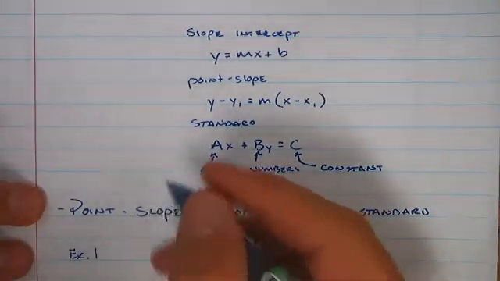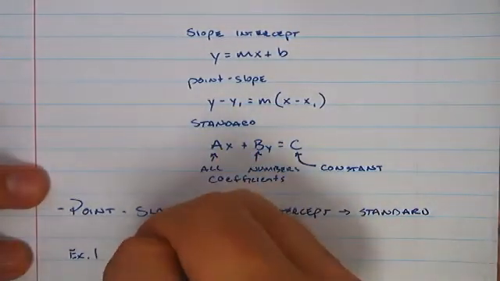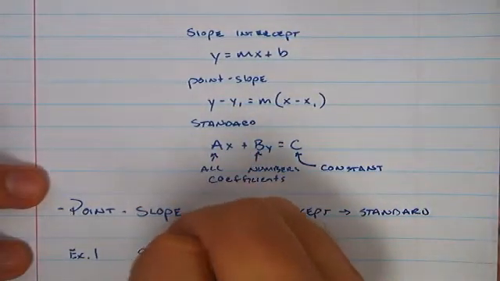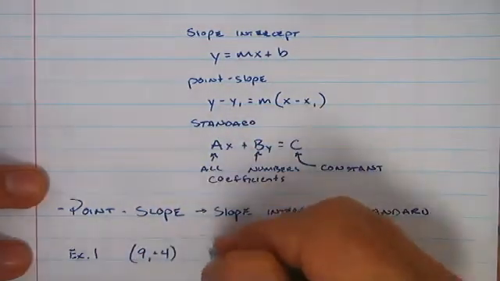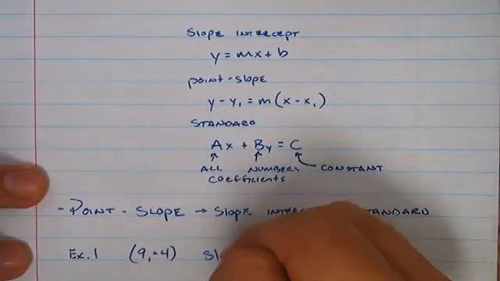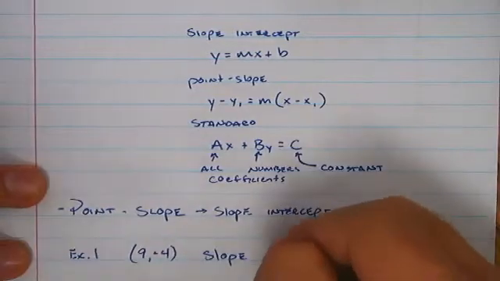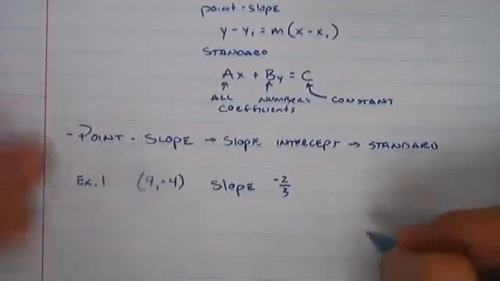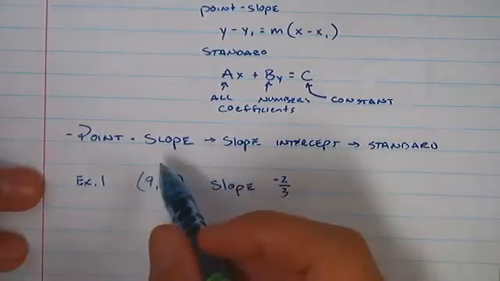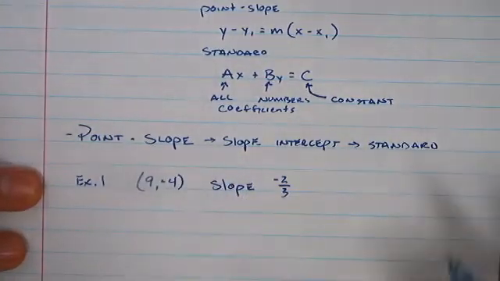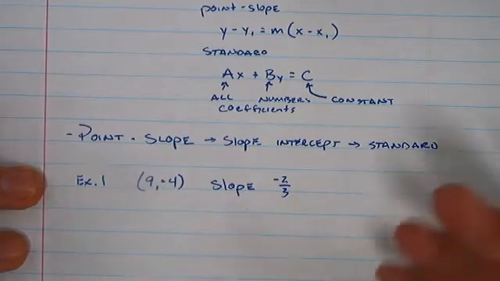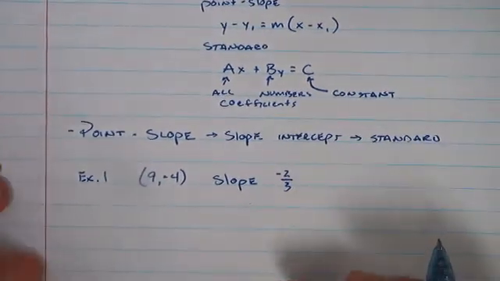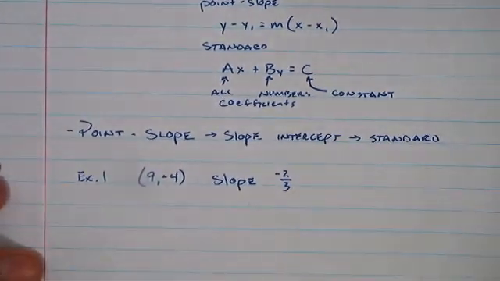So we've got example number one. In example number one, we're going to have the point 9, -4 with a slope of -2/3. So again, start with point slope. We're given a point, we're given slope. Let's start with point slope, simplify from there, and then transition from one to the other.